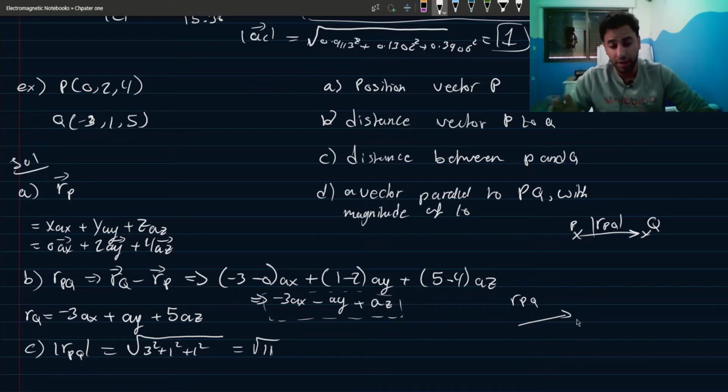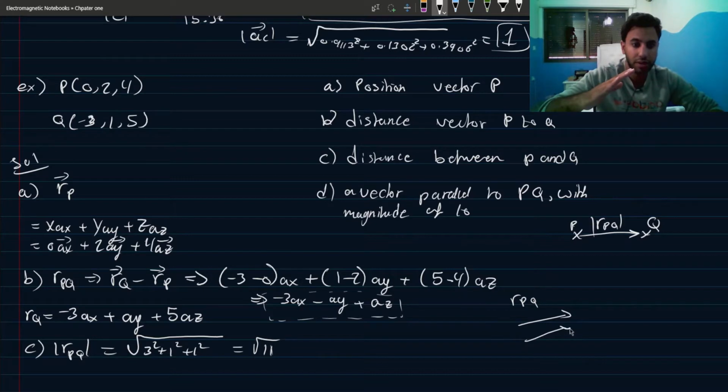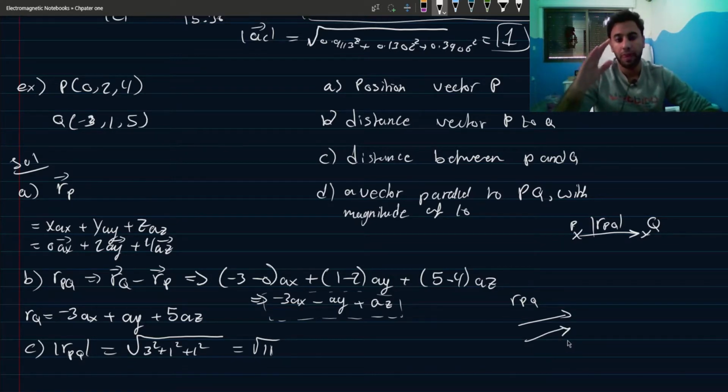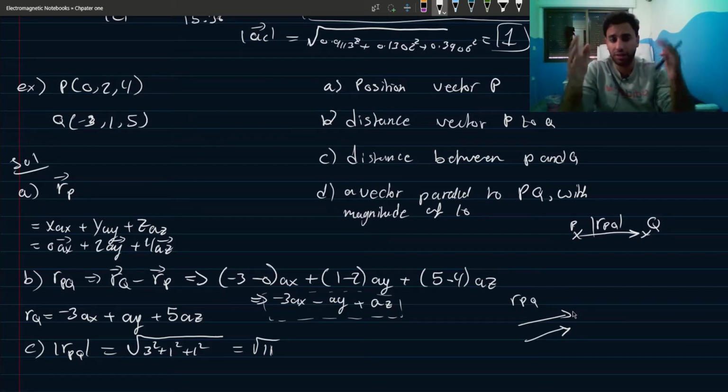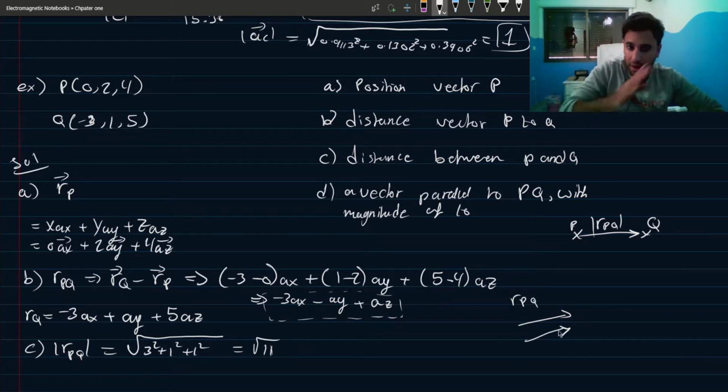A parallel vector is a second vector that has the same direction as our vector, but they never touch. They both go in the same direction, but they never cross each other. That's the parallel. But it has a magnitude of 10.